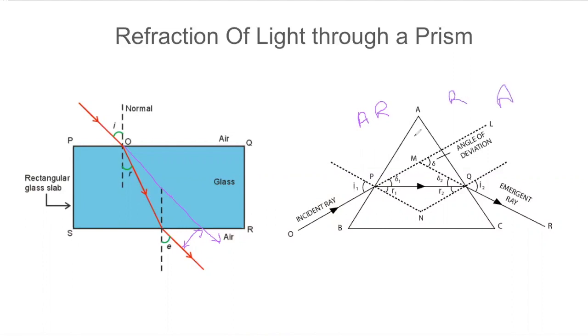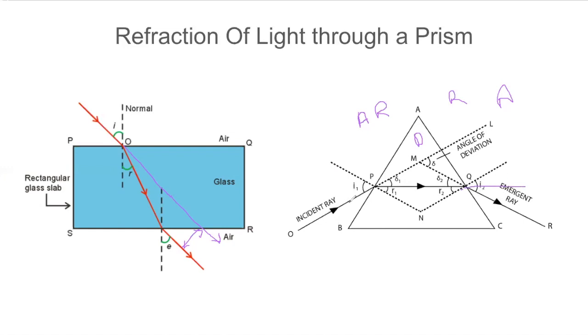This is glass, so denser medium. Now, from rarer to denser, instead of going like this, it will be bent towards the normal. Then again here, this is from denser to rarer. Instead of going straight like this, it will bend away from the normal.